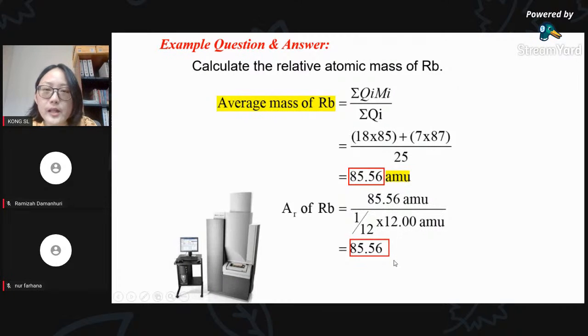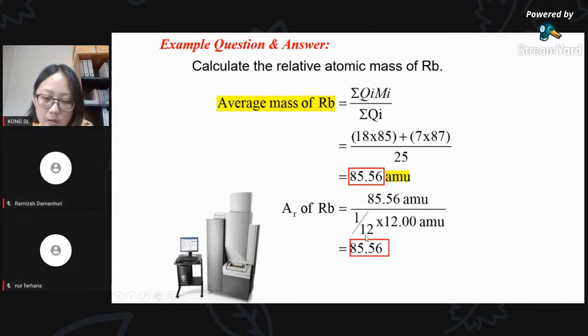Okay, if a question asks you to calculate the percentage of isotope A and isotope B, and the average atomic mass is not given, actually you need not worry. You can refer to the periodic table because the average mass of an element is actually the same value as the relative atomic mass.